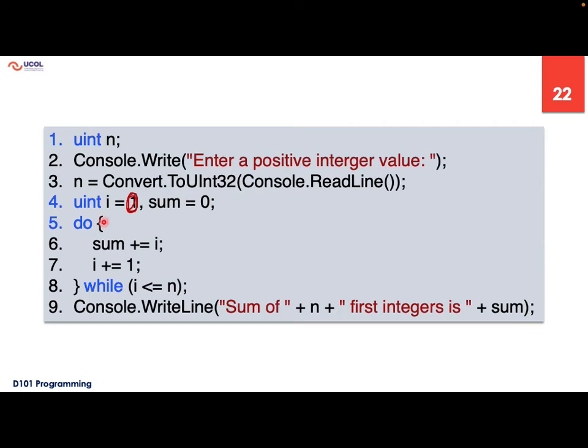Even for 0, we are going to get the right answer. Clear? We just change one thing in the initialization of the i value and we get the right answer.